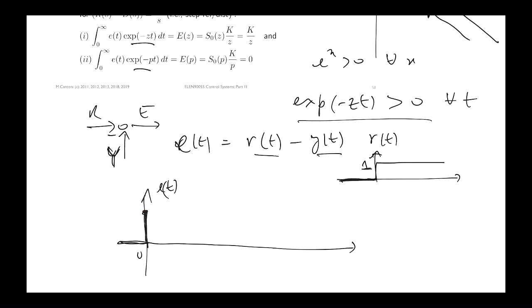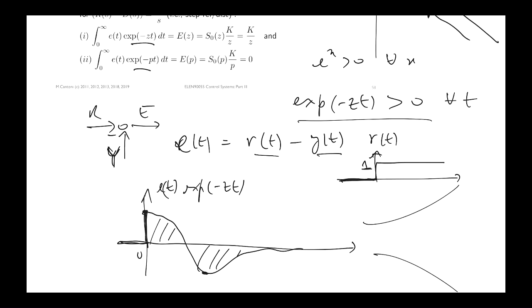Well, the error at some point must become negative, such that this happens with this area being more than this area once I've weighted this by an exponential, which in the case that z is negative is in fact something that's blowing up, giving more weight to this stuff than to the stuff at the beginning.